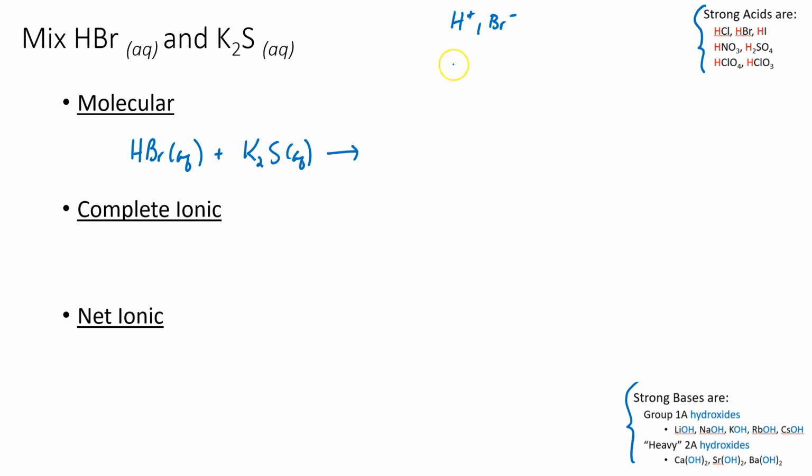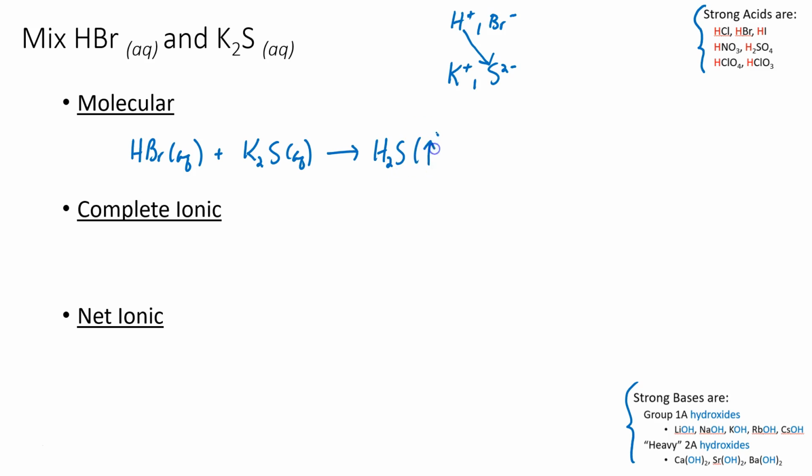Potassium sulfide consists of K plus and S minus 2. So the first product is going to be hydrogen sulfide. Again, pay attention to your charges. H plus is a +1, sulfide is a -2, so I'm going to need 2 hydrogens.